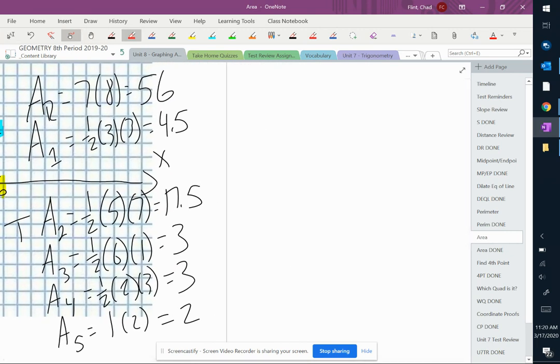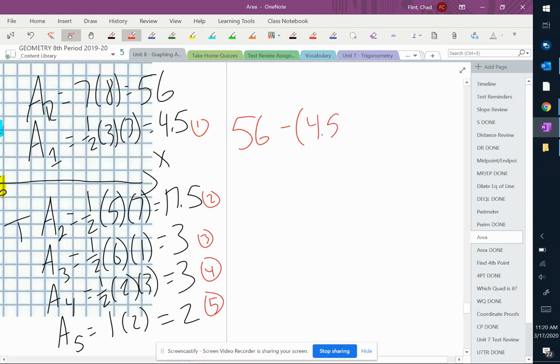So when I do the area here of my shaded in region, I start out with 56, and then I take away all 5 of those pieces. And I'm looking at, I believe it's 30.